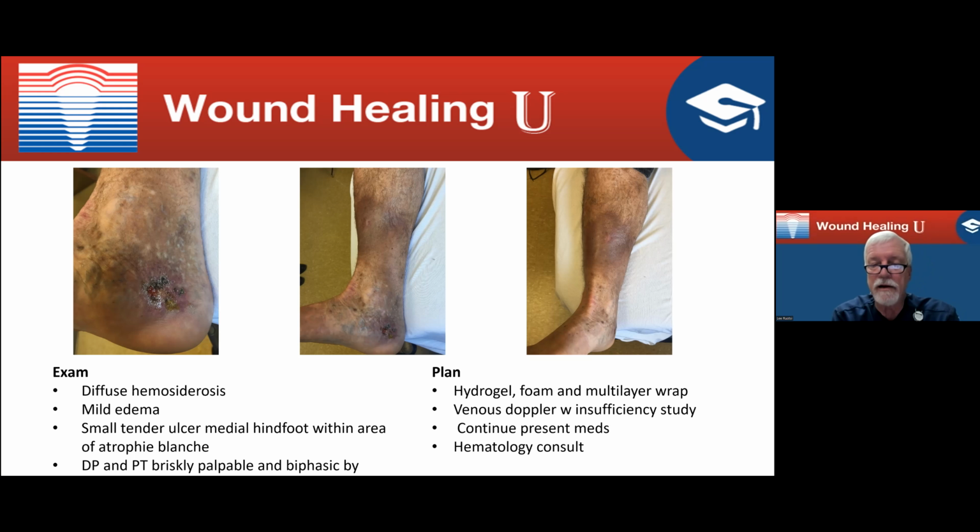So our plan was hydrogel and foam for the ulcers and multi-layer wraps. We got a venous Doppler with an insufficiency study, continued his present medications, and did refer him for another hematology consultation.